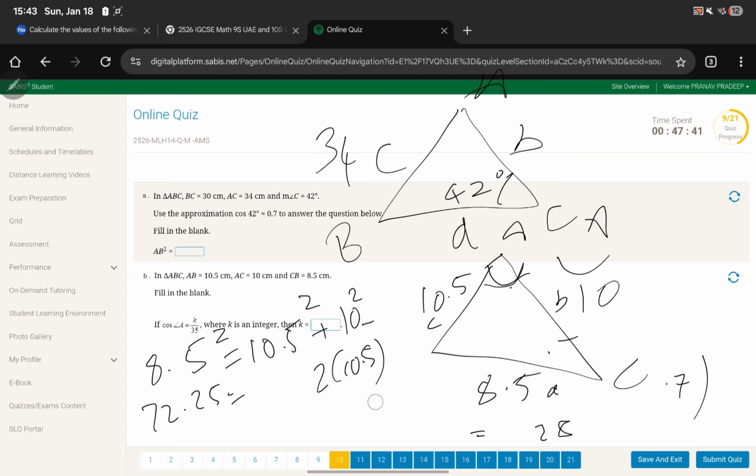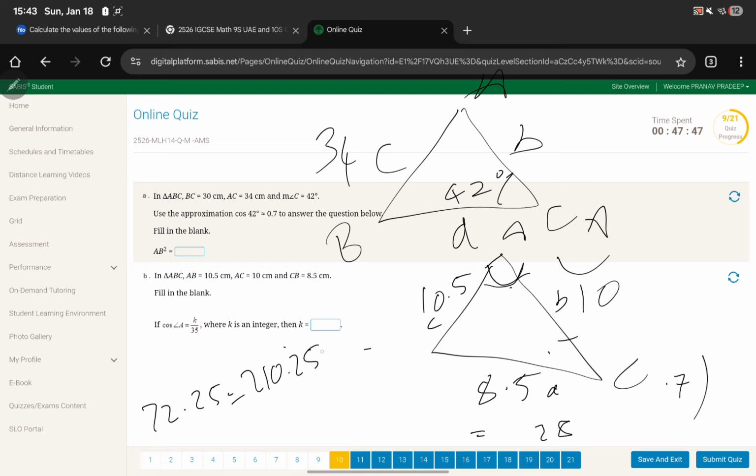If you simplify, you're going to get 72.25 equals 210.25 minus 210 cos A, right? Bring this to this side and this to this side.